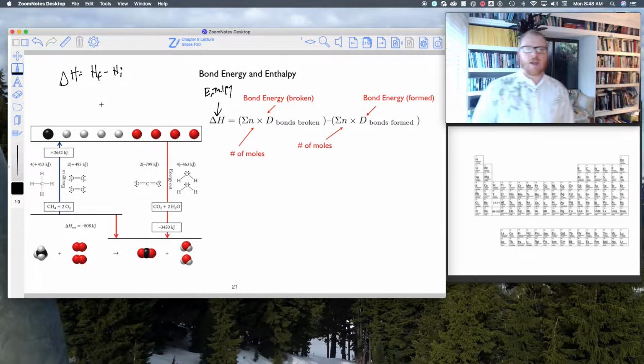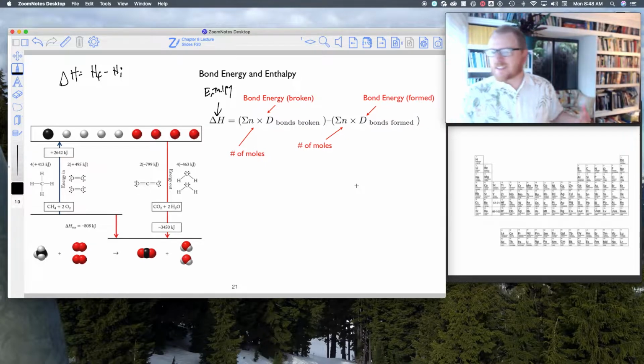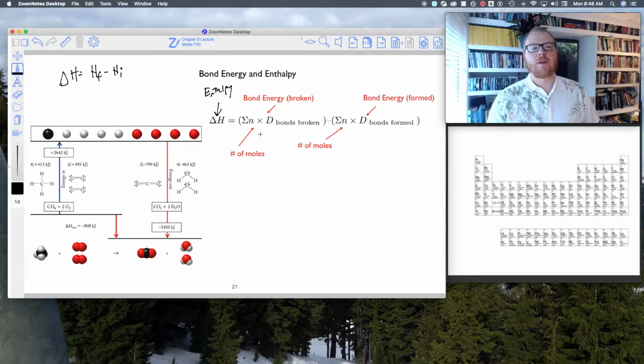But because we have to supply energy to break bonds and we get energy out when we form bonds, this formula ends up becoming bonds broken minus bonds formed. So it's pretty easy to remember.